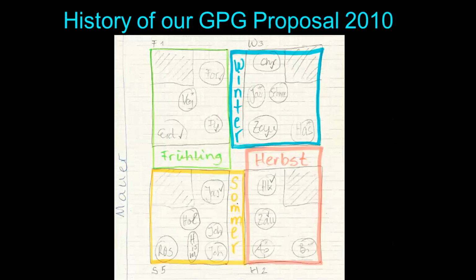And then I had the idea that I could propose to them to build a better phenological garden. And my idea was to have 4 fields, 1 for spring, for summer, for autumn, and 1 for winter. And finally, they agreed to build this garden.